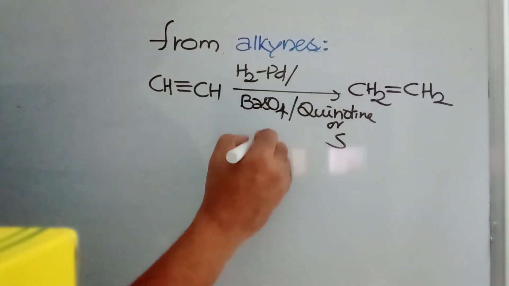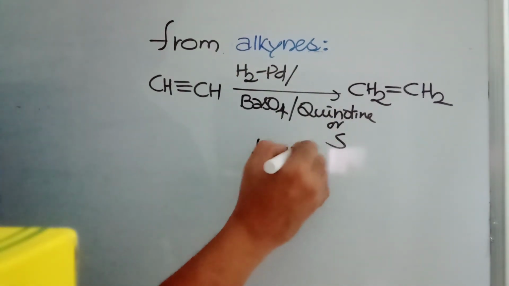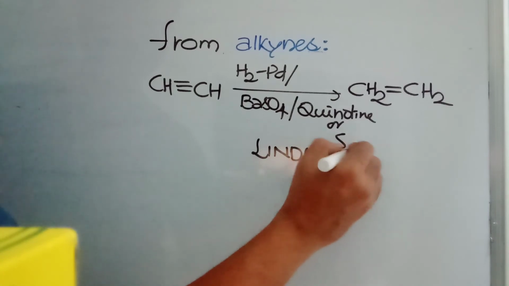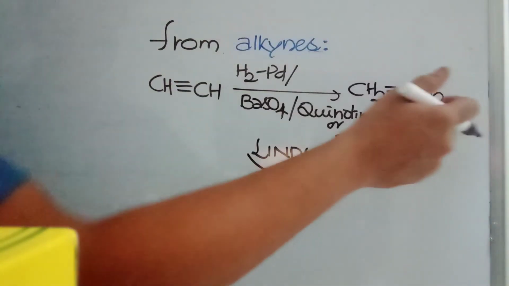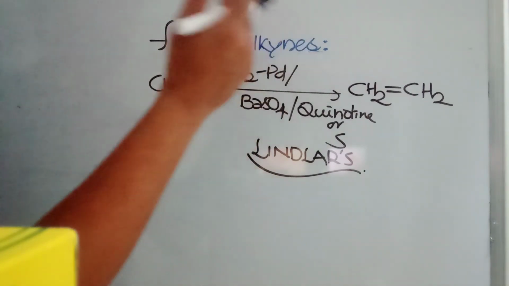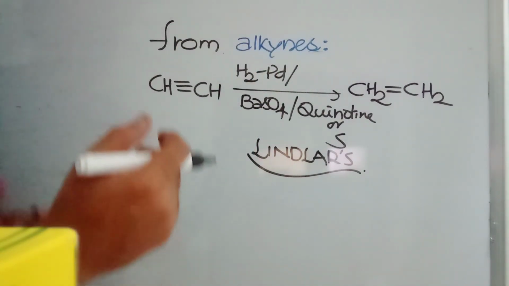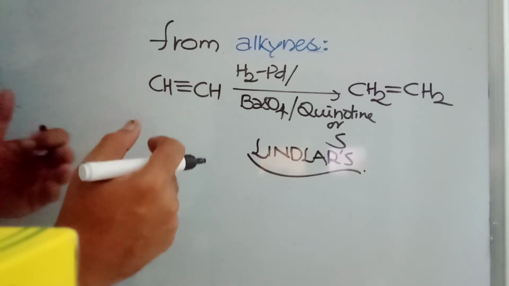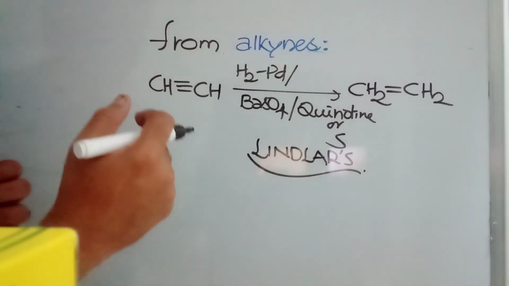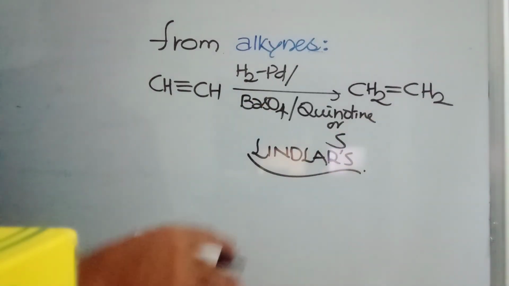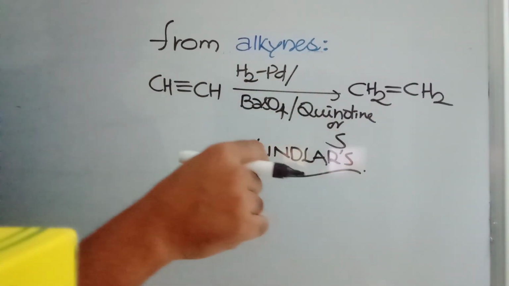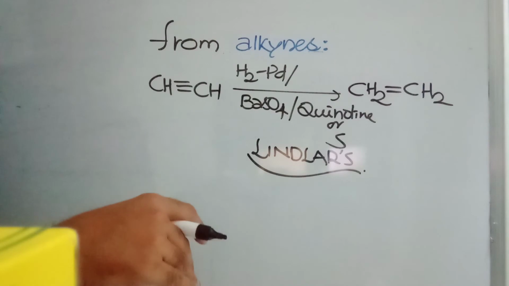This reagent is called Lindlar's catalyst or Lindlar's reagent. So the reaction will be stopped here. The meaning of this is that the palladium is poisoned. The ability of palladium to reduce more is reduced. Now there is no possibility of going up to the alkanes. So we are adding barium sulfate and quinoline to reduce the ability of the palladium.